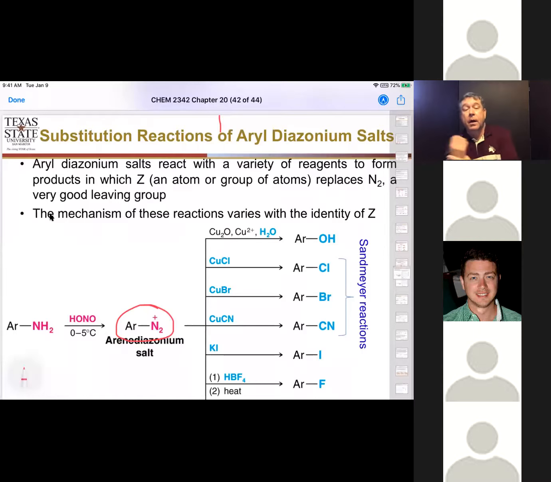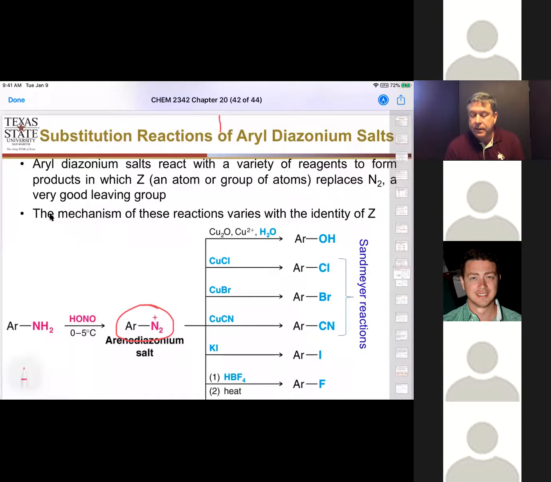Now, in the case of using copper and copper-based salts, we end up doing what's called the Sandmeyer reaction, where we can use the copper to support our nucleophile and generate out the back end our new aromatic nucleophile bond and nitrogen, okay?